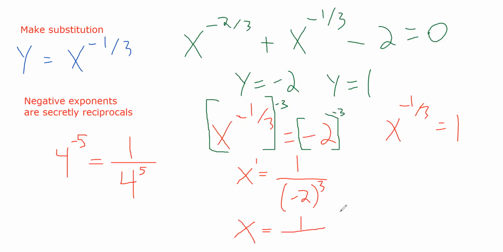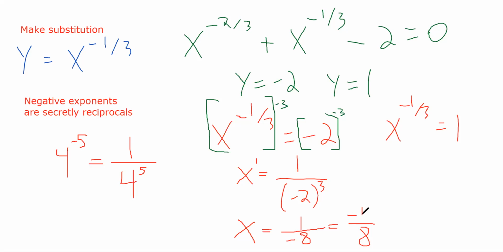Now we got to think about what -2 to the third power is. You do -2 times -2, that gives you +4, but you got to do it one more time, and that gives you -8. And so ultimately that becomes -1/8.